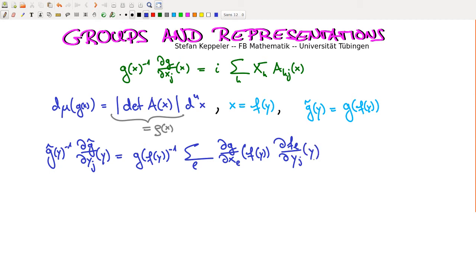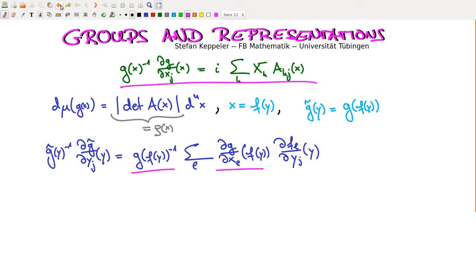So, chain rule. Okay, this looks familiar. We have this g inverse and dg dx something, so it's just the same as we had up here. So we can express this in terms of the original coefficients a here.